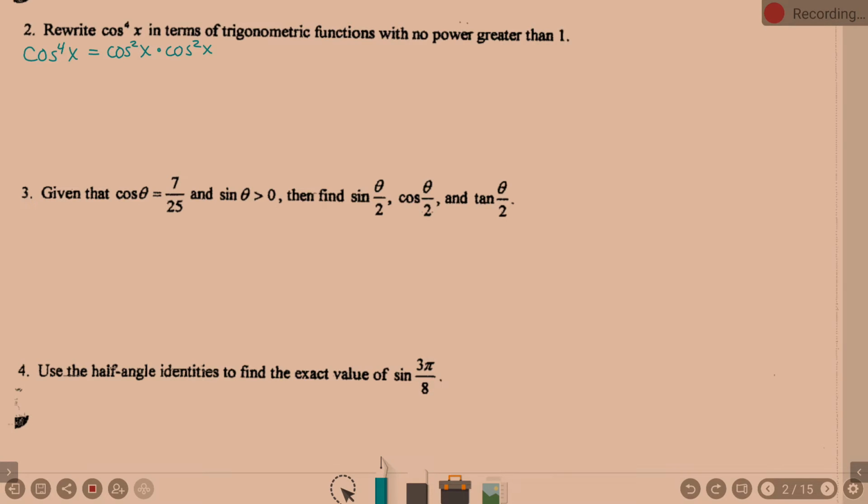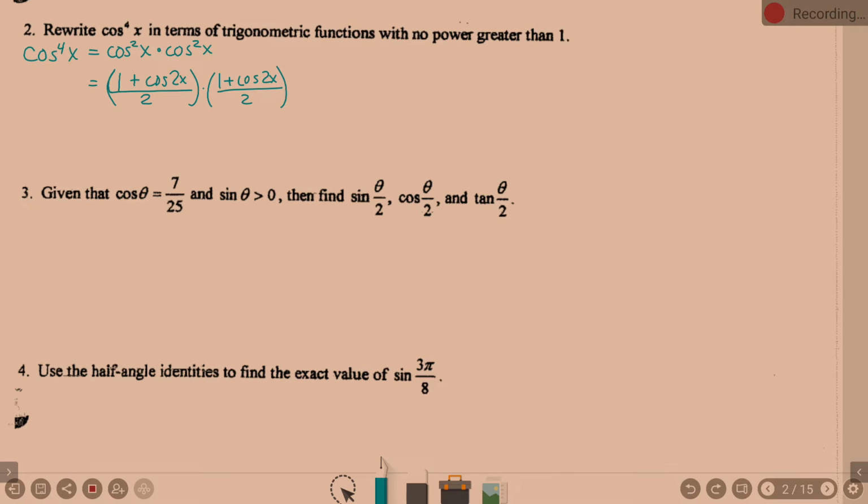According to our identities up above, we can replace cosine squared x with (1 plus cosine 2x) over 2, times (1 plus cosine 2x) over 2.